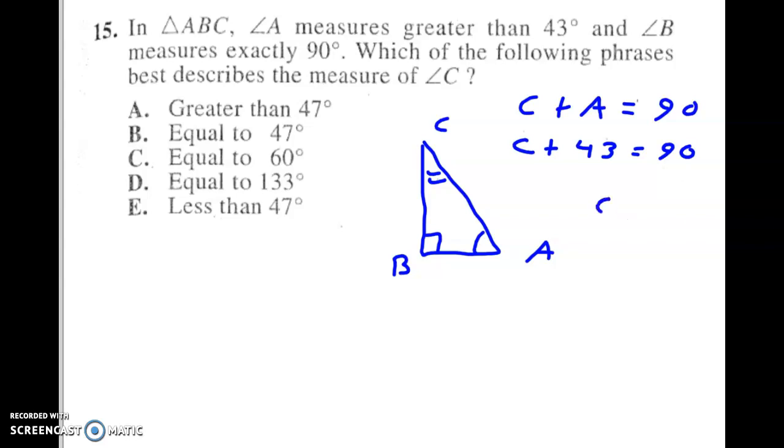And so what do we have left over? So if we minus off the 43 here, then we have 47 left over. But this is greater than 43. So then this one must be less than 47. Right? If this one's more than 43, then this one must be less than 47.